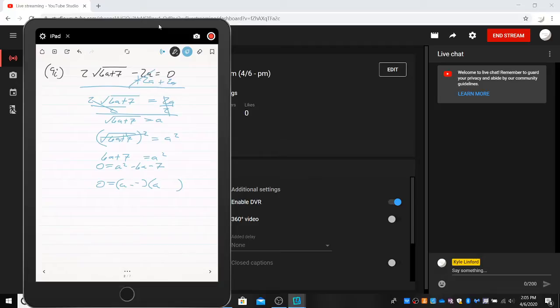I'm thinking -7 and +1. So set each of these factors equal to 0. And let's say that a could be 7 and a could be -1. These are our 2 solutions to the radical equation.